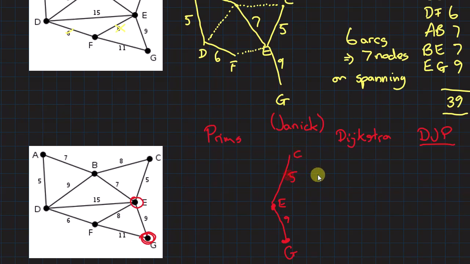So C for 5. So starting at G, we did G and E for 9. Then we did E to C for 5. Keep growing the network. So what's the next cheapest one? The next cheapest one is BE for 7. So EB for 7. And I'm up to this one. Grow the graph again. I can go AB for 7.